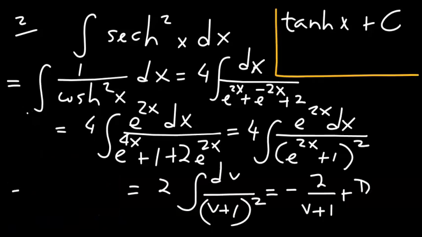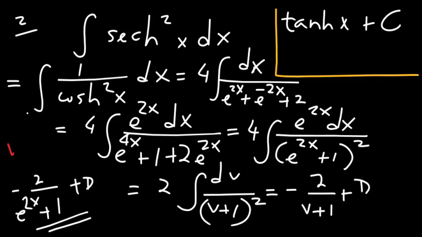Substituting the expression for v, you get minus 2 over e to the power 2x plus 1 plus an integration constant d. Remember, our earlier substitution was v equals e to the power 2x. I have just substituted v in the solution and you end up with that line.